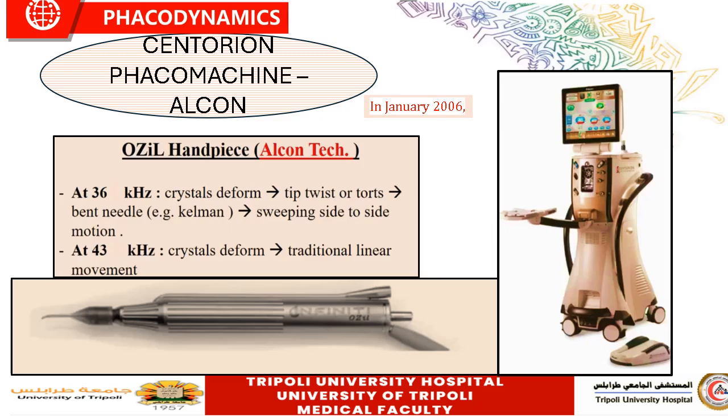In contrast to the traditional longitudinal to-and-fro movement, this improves the holding facility, and the shearing effect created gives better fragmentation of the lens fragment. This is the torsional handpiece invented by Alcon Company. In the same handpiece, we can have longitudinal Phaco along with the torsional Phaco.